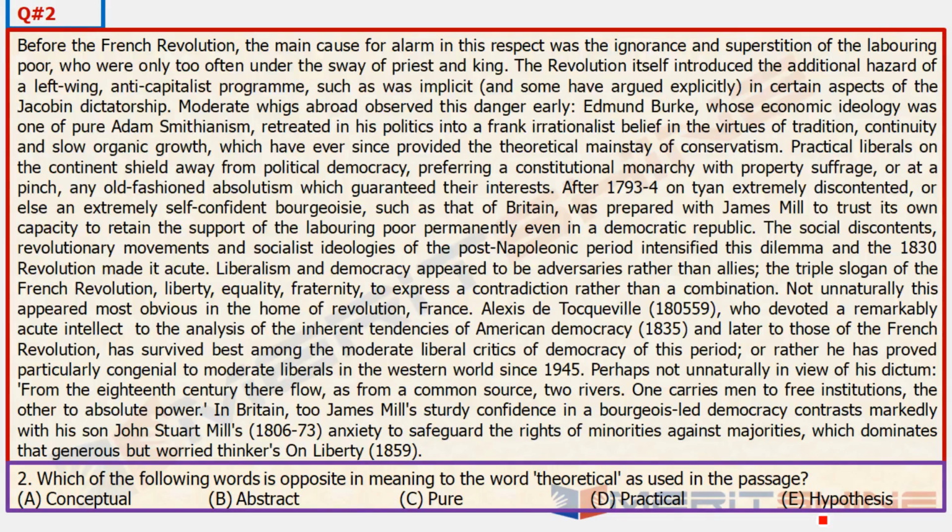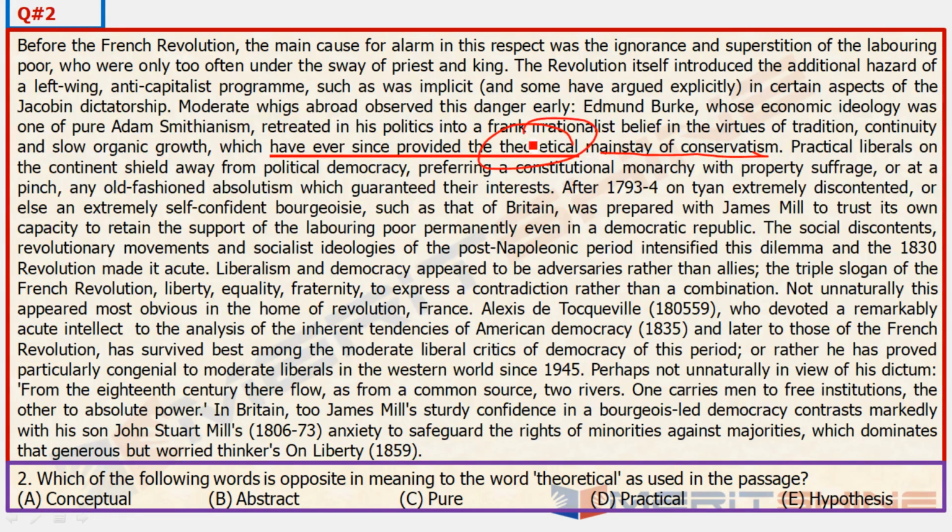Next question. Now question number 2. In this, what is the question? The question is, what is the opposite of the word theoretical? Now when I say what is the opposite of the word theoretical, obviously you can do it without even reading the passage. But then let's see whether theoretical was here. Which slow organic growth which have ever since provided the theoretical mainstay of colonialism.